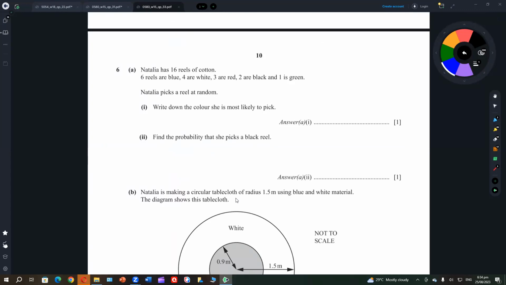Natalia has 16 reels of cotton, 6 reels are blue, 4 white, 3 red, 2 black, and 1 green. So there are total 6 blue, 4 white, 3 red, 2 black, and 1 green.